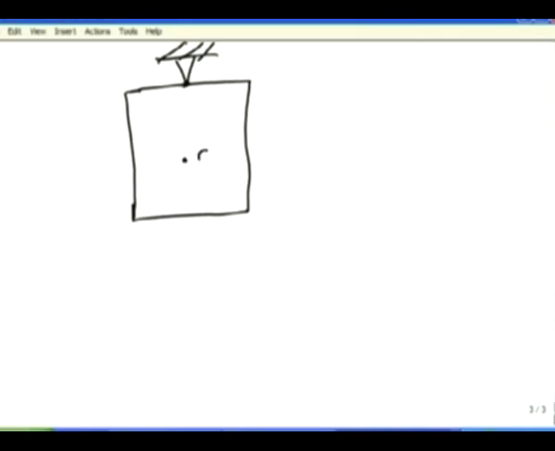This is the mass center G, then this distance is b, this is b, this is 2b.